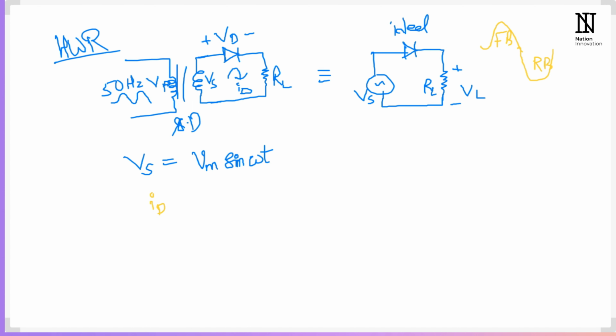So this leads to id being Vm by RL sin omega t for omega t moving from 0 to pi, and the same id will be equal to 0 for the pi to 2 pi cycle. Here 0 to 180 degrees is pi, and 180 to 360 is 2 pi.